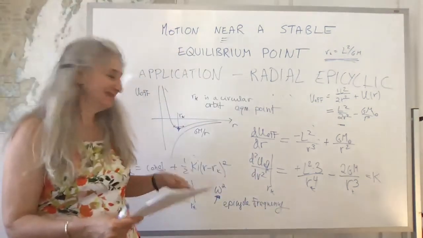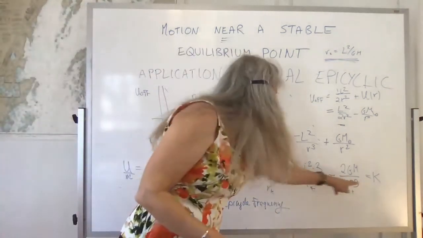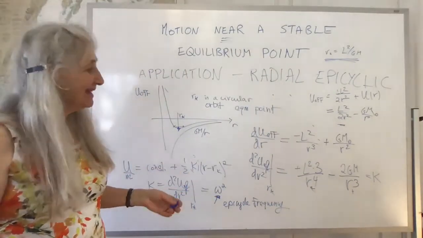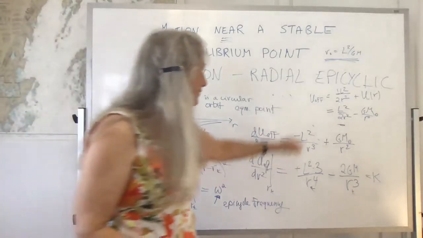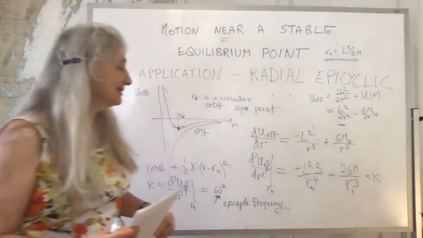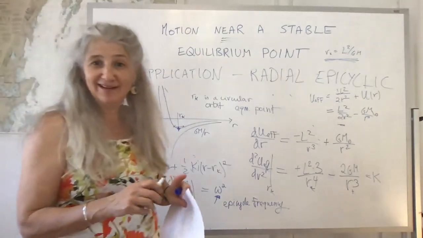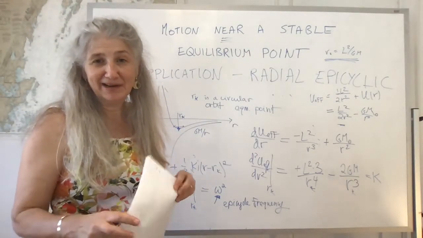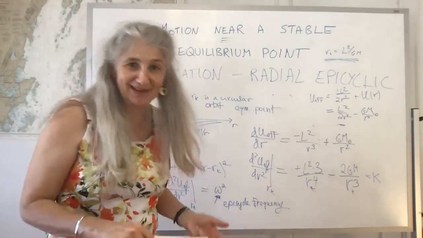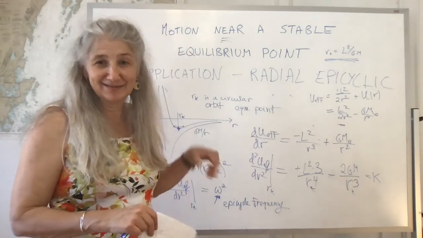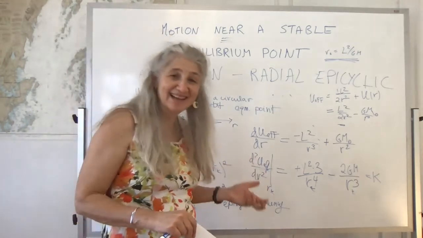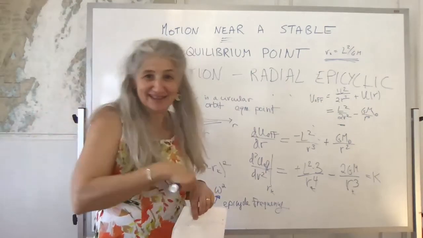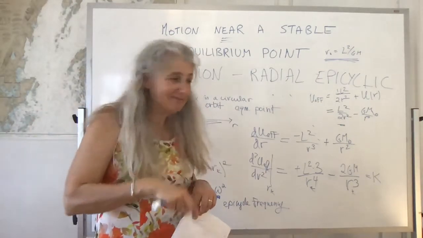If you insert r star equals L squared over GM, you get the square of the angular rotation rate. In the Keplerian setting, the epicyclic frequency is equal to the angular rotation rate for the entire orbit.